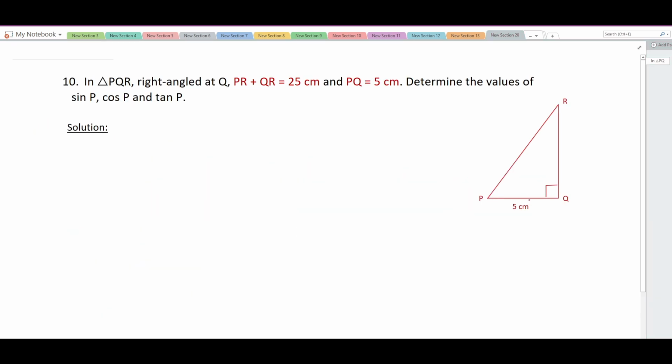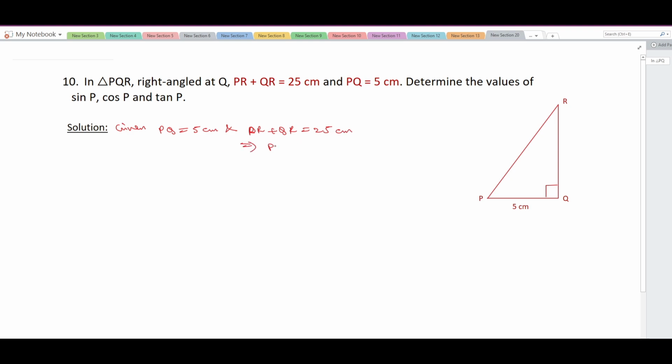Here PQR is a triangle where angle Q is 90 degrees. Given PQ equal to 5 centimeter and PR plus QR equal to 25 centimeter.